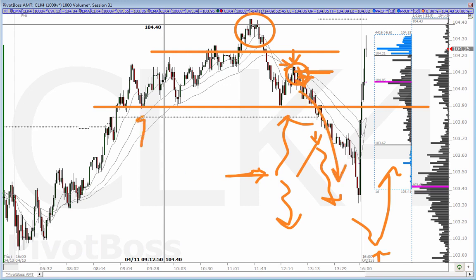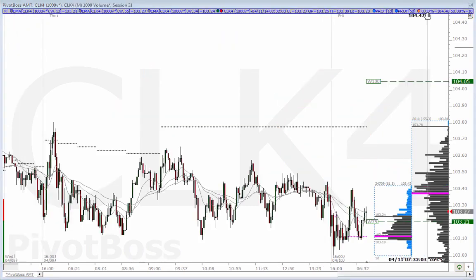If price comes in and is defended here with a big buyer, you know price has a good shot to go higher. If price is actually absorbing here and big sellers come in and can't get price to go lower, you know there's an even better shot to go higher. So that's what we're going to look at throughout this chart so that you can really see how the footprint works.